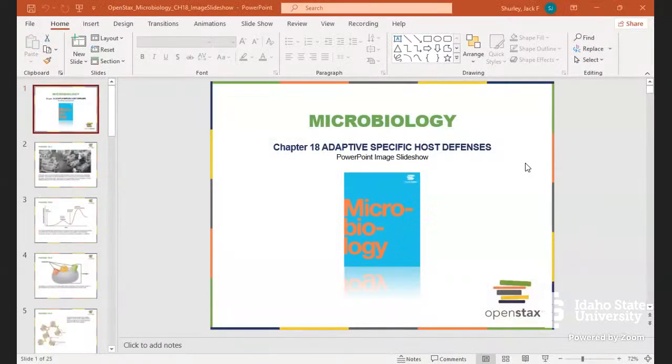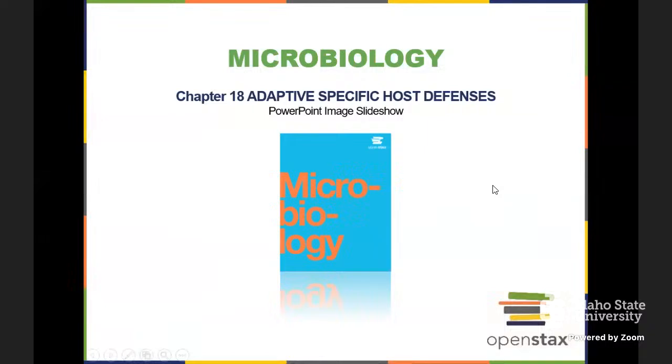So we have thought about the innate response. We've thought about numerous types of cells that participate in these responses. And oftentimes, when we think about immunity, we kind of divide it like we have done with these chapters.